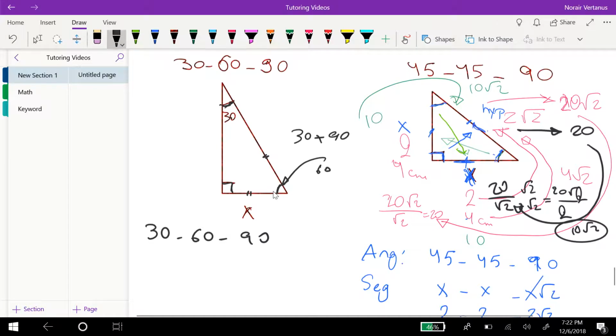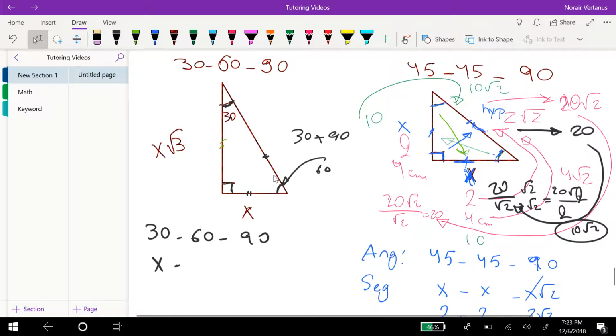Right? So now the smallest one, which is 30, we're going to consider the x. The formula here is like this. If this is x, the one opposite to 60 is x rad 3.